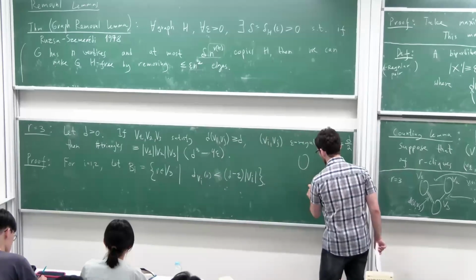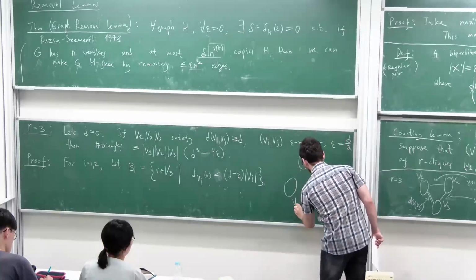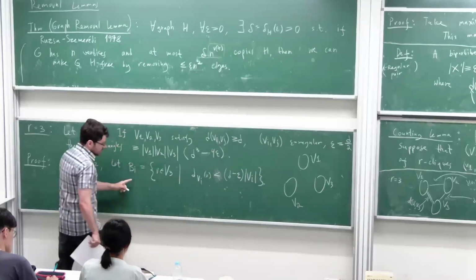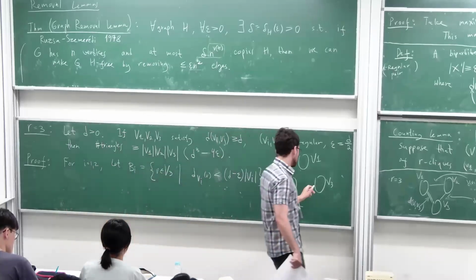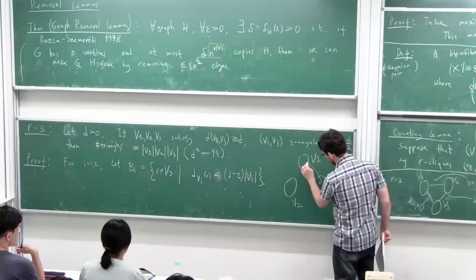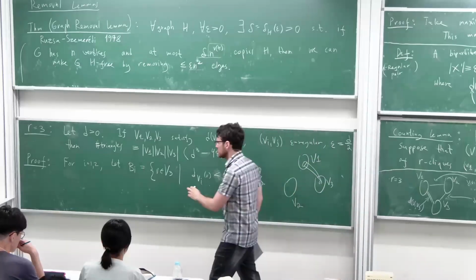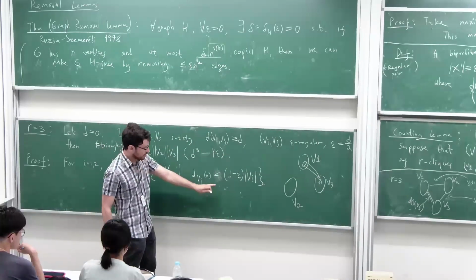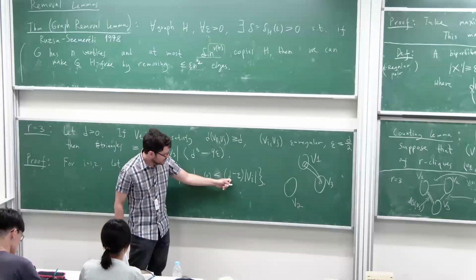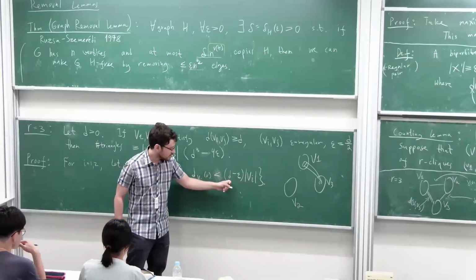We have V1, V2, V3. B_i is all vertices in V3 that have a small neighborhood to V_i. Say V1. And what is small? Small means, well, we expect at least d times the size of V1, and so let's say it's less than (d minus epsilon) times the size.